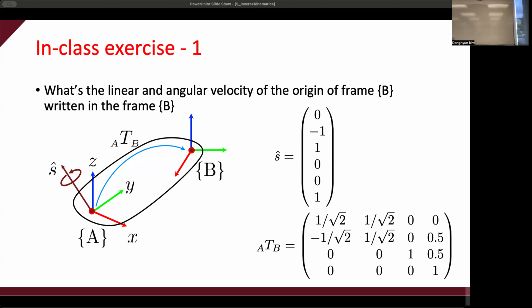Question: is it because I'm trying to change the basis, like changing the basis vectors? So originally I rotate from one to zero, and now I'm going to represent this vector in the basis of these coordinates. I will apply its inverse.